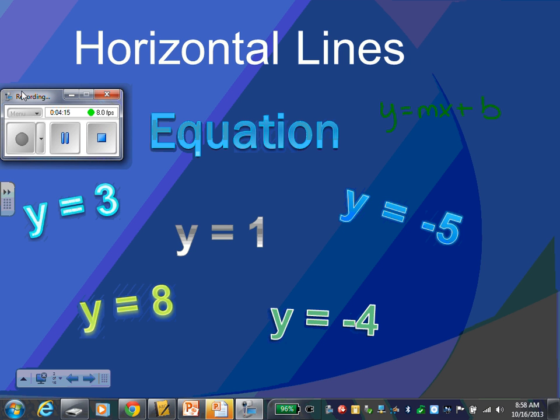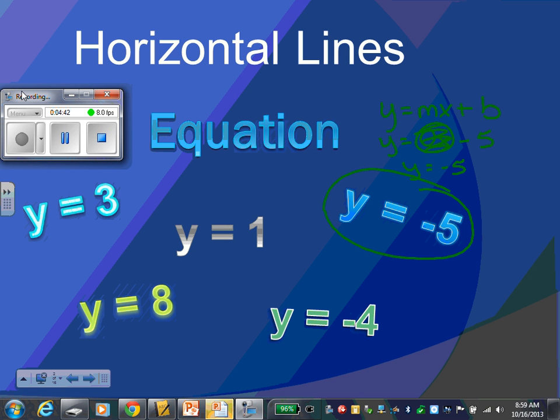It got multiplied by 0. So if this were a horizontal line and the slope was 0, let's take this one right here, then what happens to this? It basically cancels out and goes away. And so really, what is the negative 5? The negative 5 is your b, and it's your y-intercept.